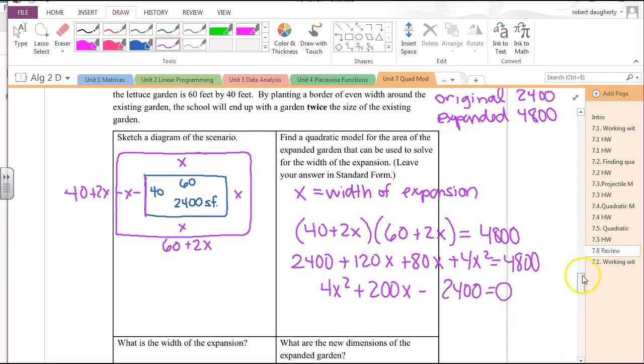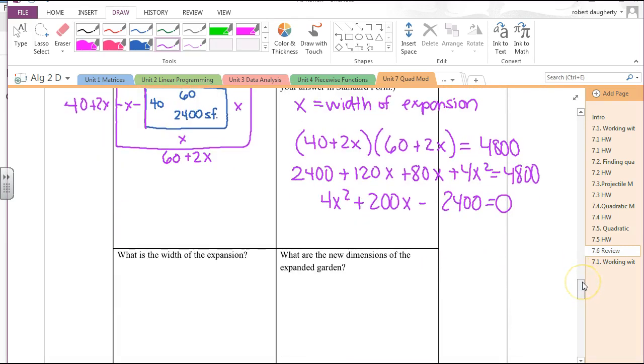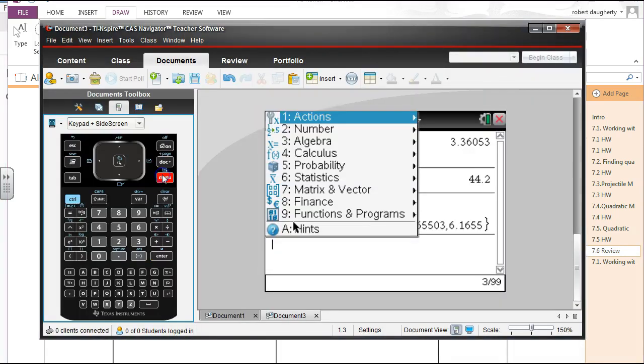So I just need to solve and find the width of that expansion. To solve this, I need to solve for x: 4x squared plus 200x minus 2,400 equals 0. I will go to my calculator gladly for this.